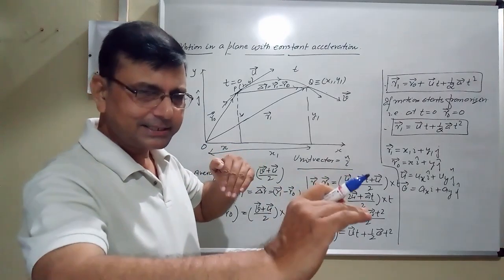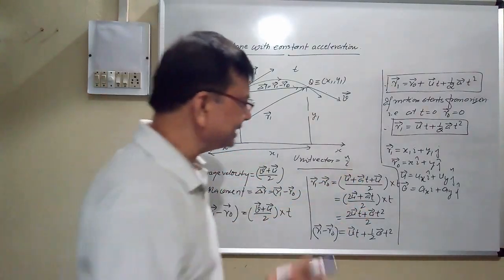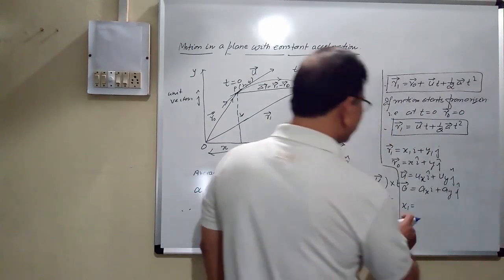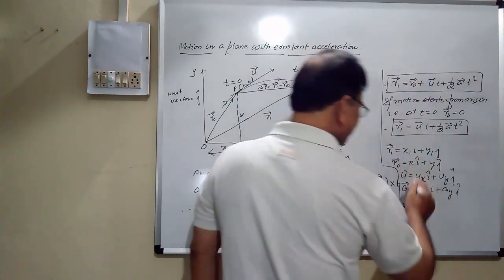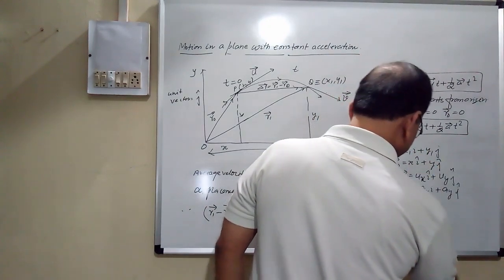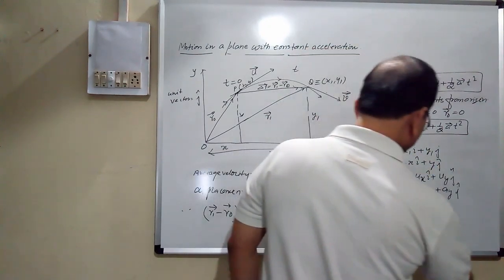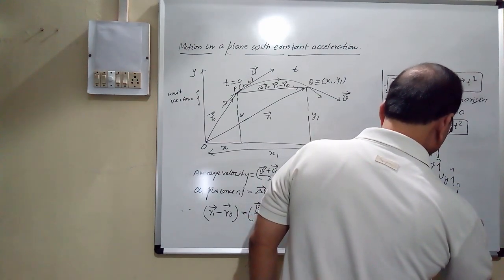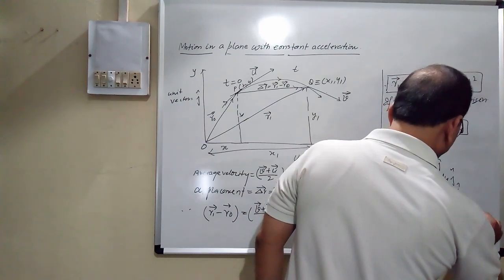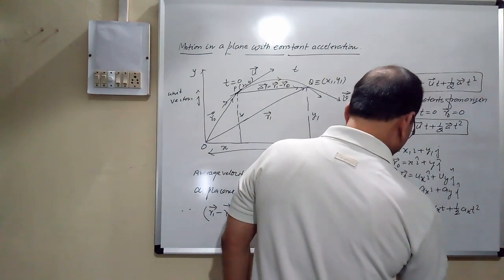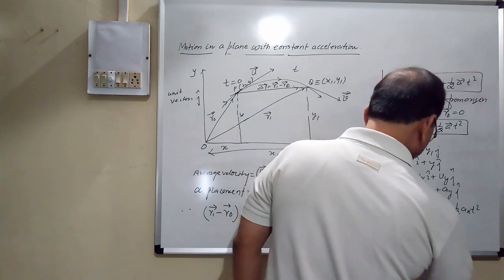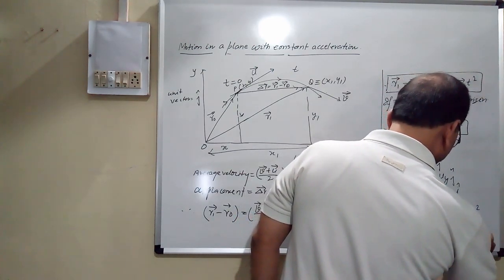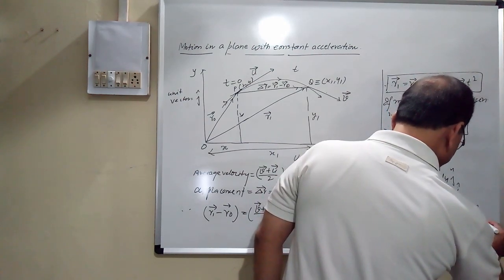So along x-axis, the displacement will be like this. x1 is equal to x plus uxt plus half axt square, and y1 is equal to y plus uyt plus half ayt square.